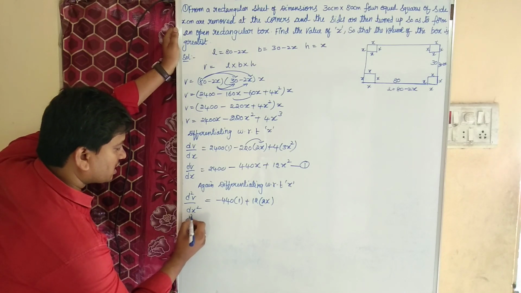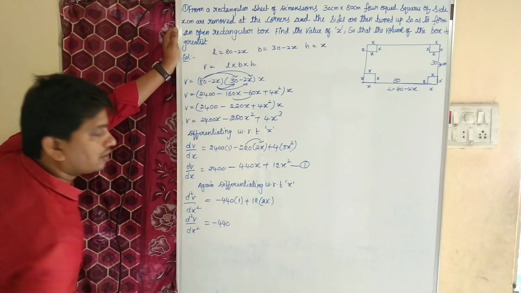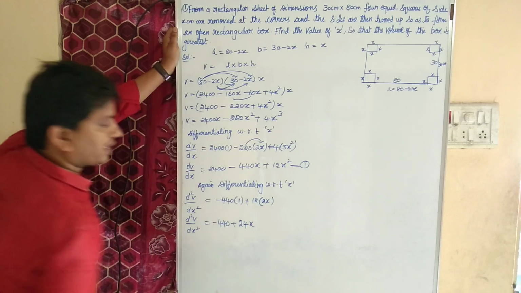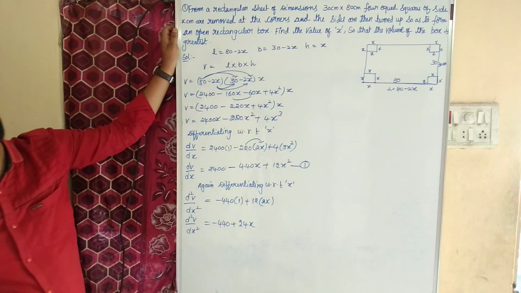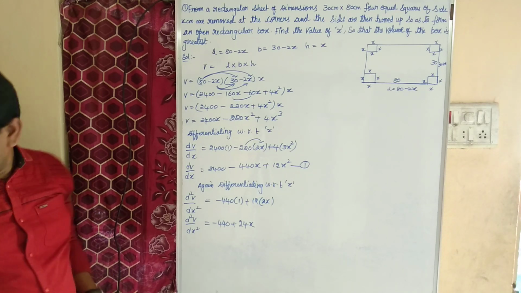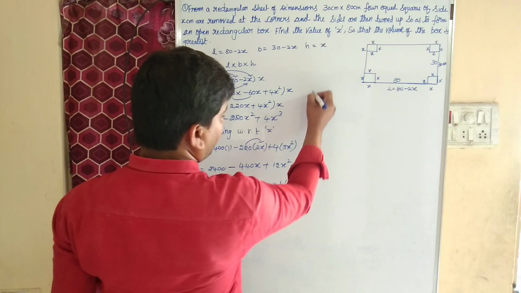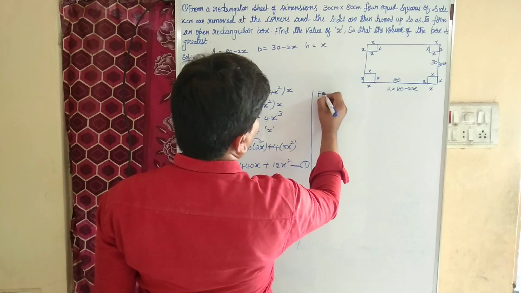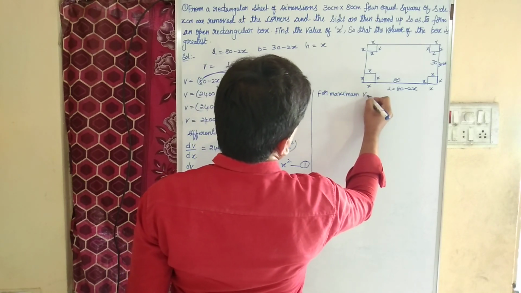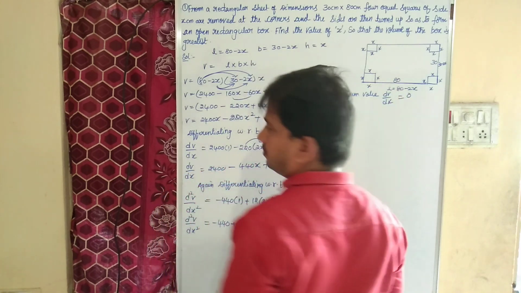So d square v by dx square equal to minus 440 into 1, minus 440, plus 12 into 2, that is 24x. That is 24x minus 440. So actually for maximum value, let me write here, for maximum value dv by dx equal to 0.